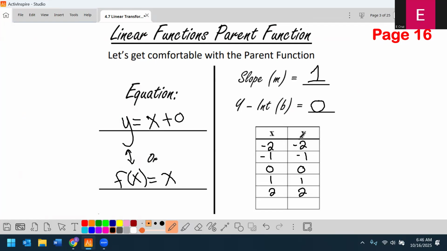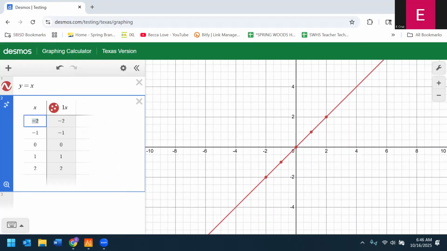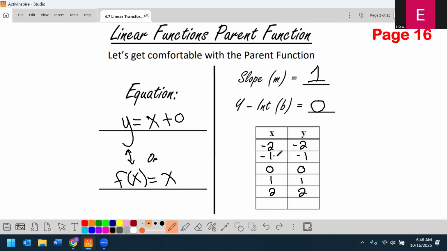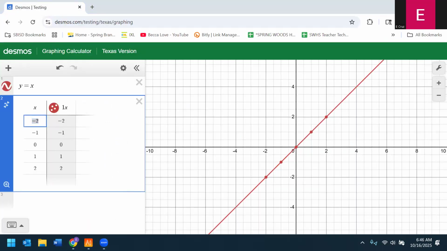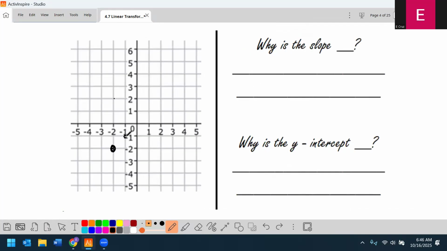Okay, so now I'm going to take these points and plot them on the graph. So -2 with -2. I missed my negative on that one. -1 with -1. 0, 0, 1, 1, 2, 2.